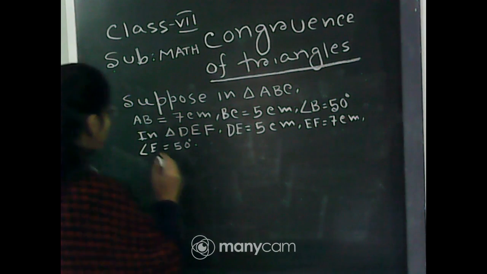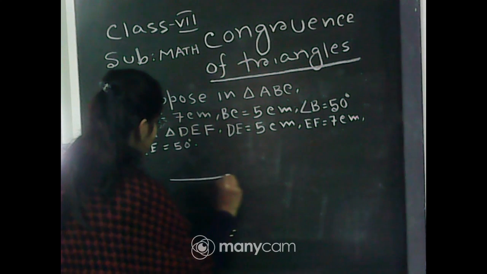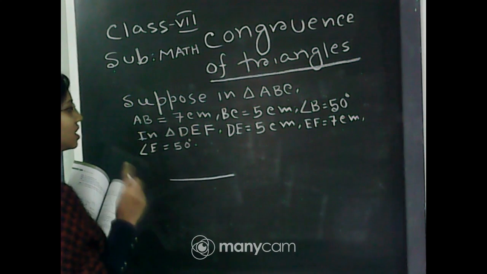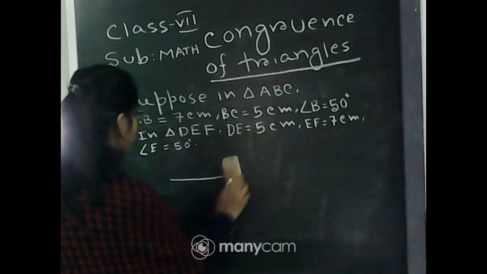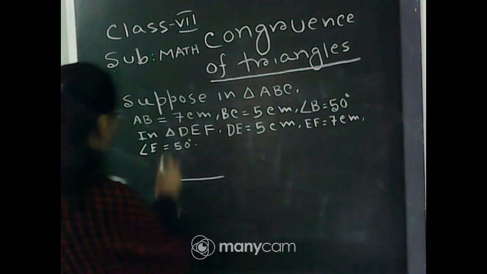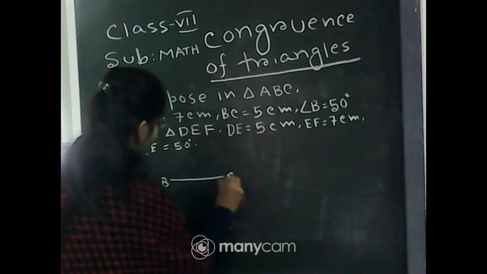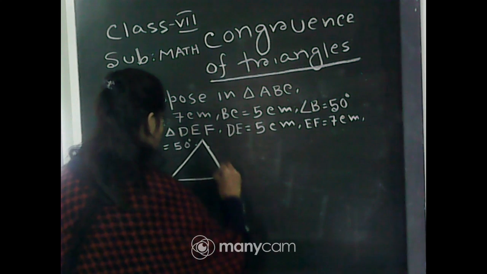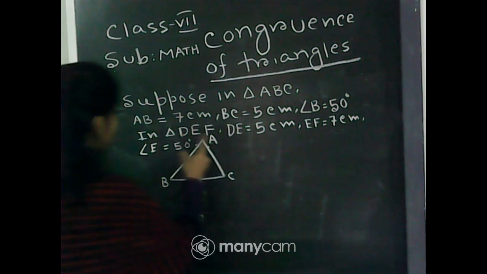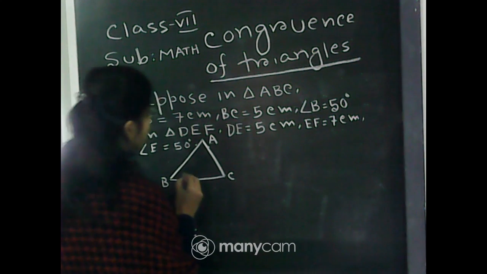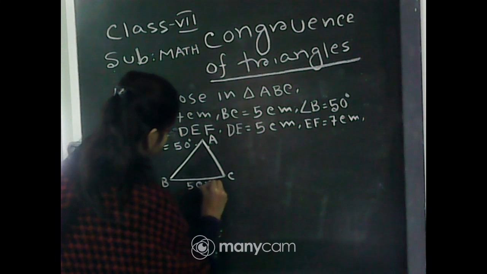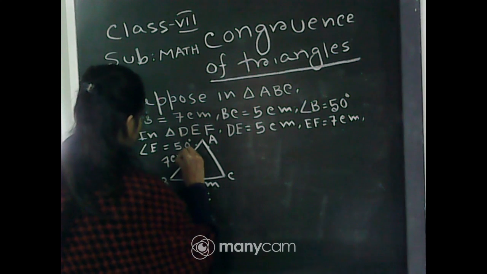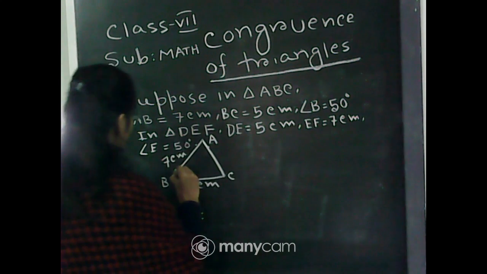Here it is given that AB is equal to 7 cm, BC is equal to 5 cm, and angle B is equal to 50 degrees. So, this is triangle ABC.